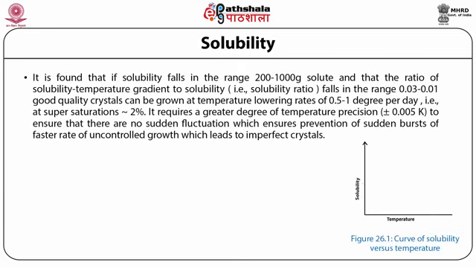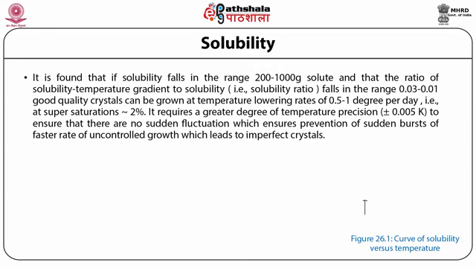It is found that if solubility falls in the range 200 to 1000 gram solute, and that the ratio of solubility temperature gradient to solubility, that is solubility ratio, falls in the range 0.01 to 0.03, good quality crystals can be grown at temperature lowering rates of 0.5-1 degree per day, that is at supersaturations of the order of 2%.